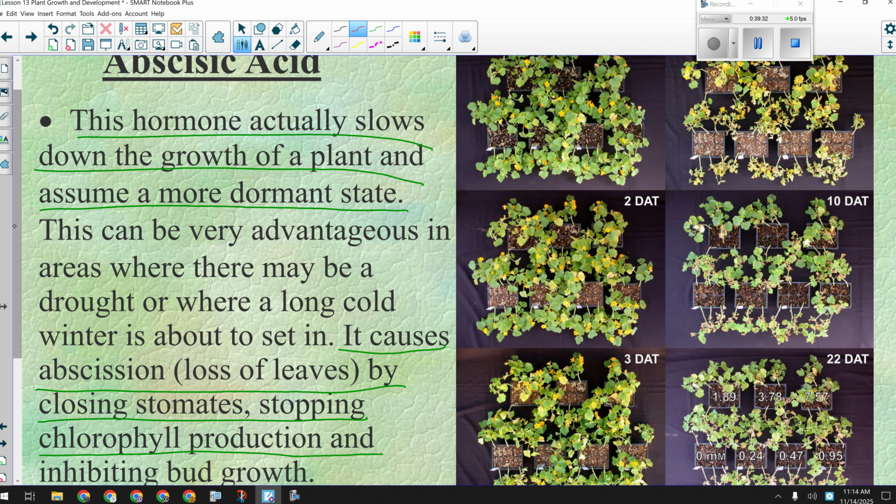They can produce some sugars for the plant, but they can't do it on their own. And so as a result, the plant stops moving water. There's no photosynthesis, there's no water needed, which empties out the xylem, the leaves dry up, fall off, and the tree is ready for winter.